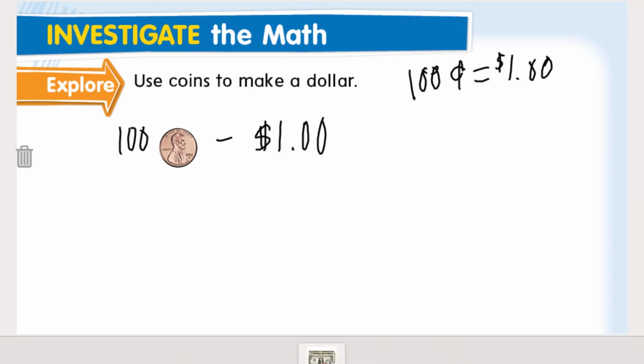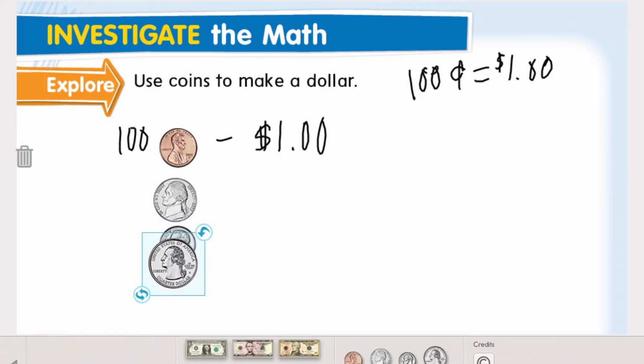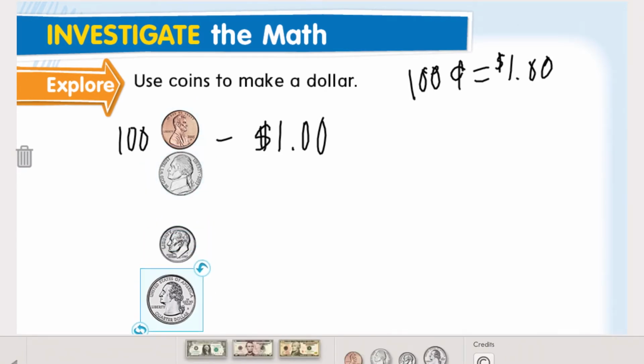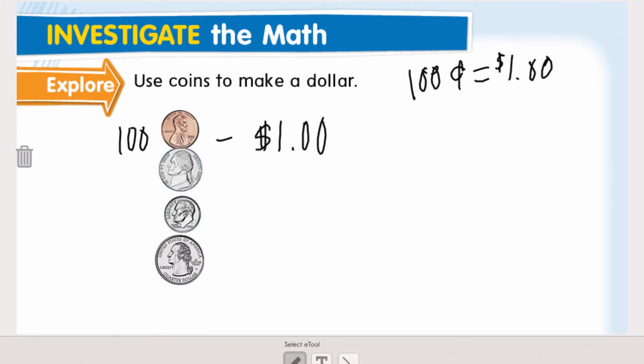So the other option was 20 nickels, which would also equal $1.